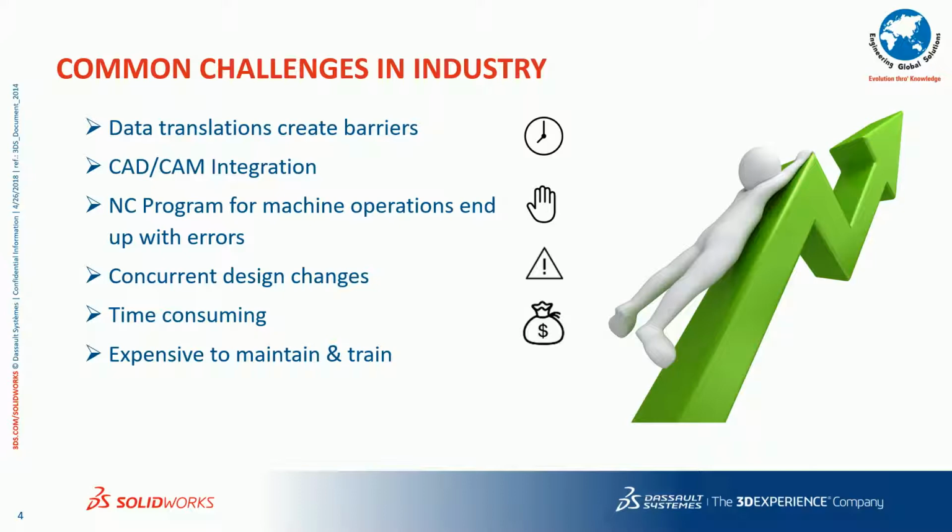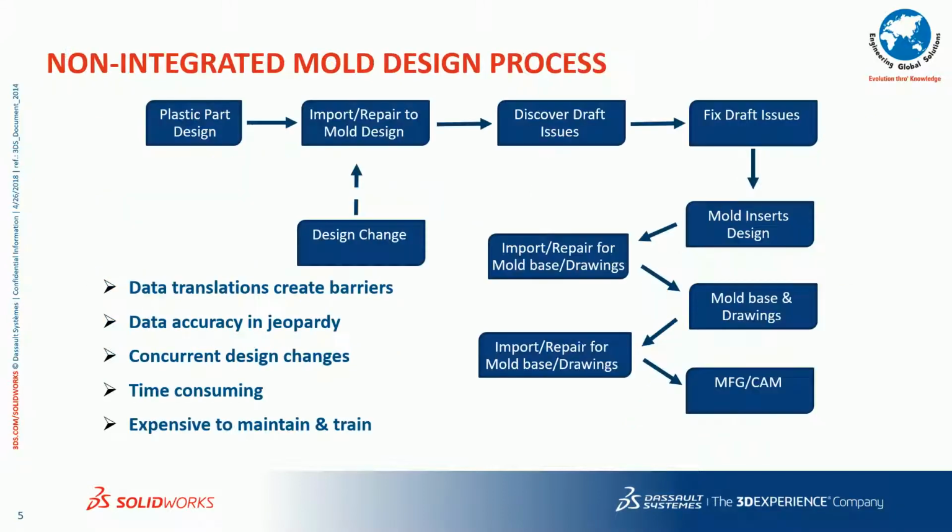It all comes down to the time-consuming process of your entire design cycle through to manufacturing. It is also expensive to maintain and train for all of this during your process. How all of these things can be improved using SolidWorks is what we are going to see in our presentation.